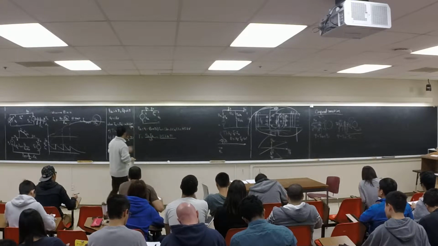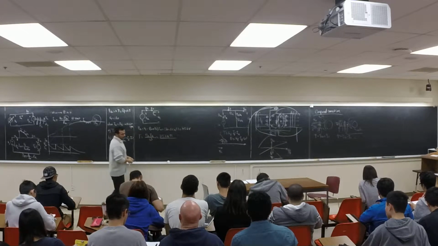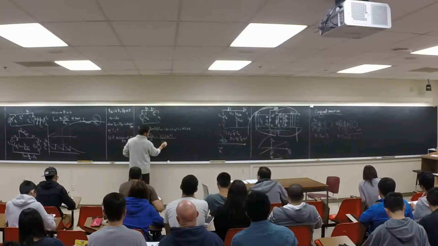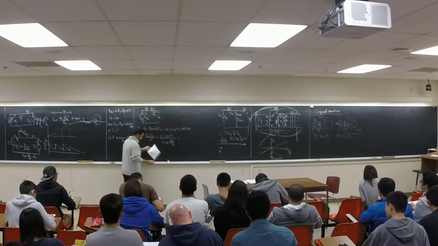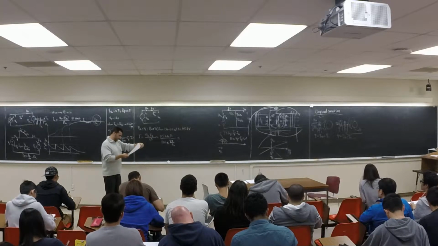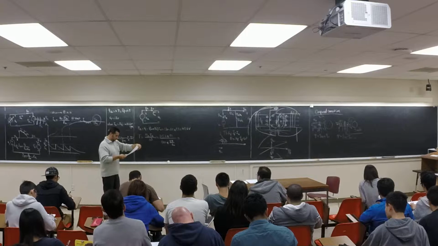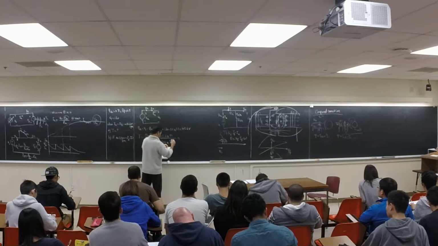How much is omega? 600 RPM. I should convert it to what? Radian per second. So this one is going to be 20.72.